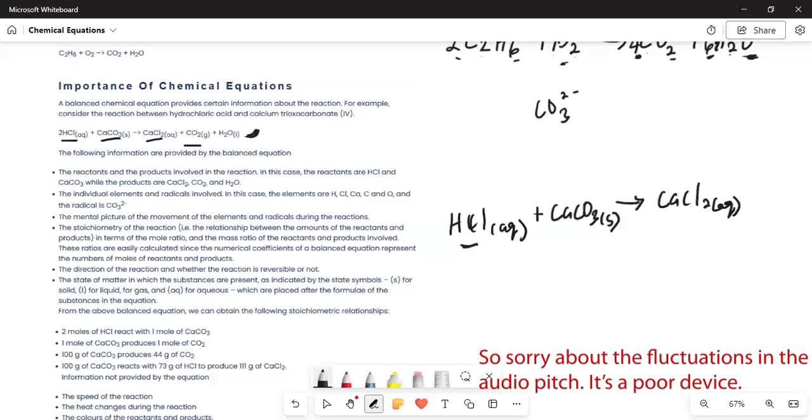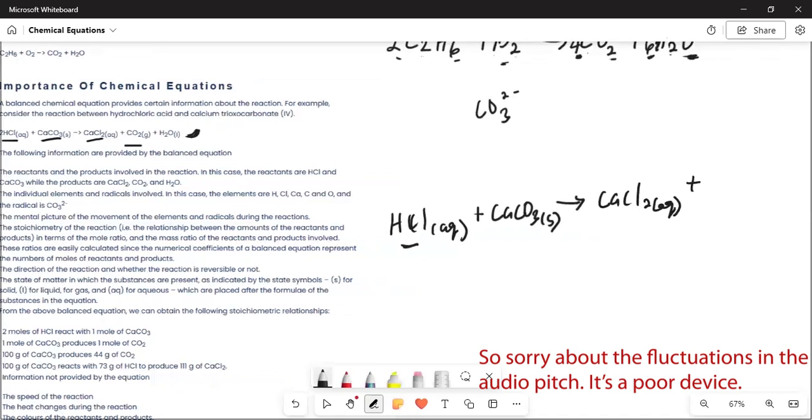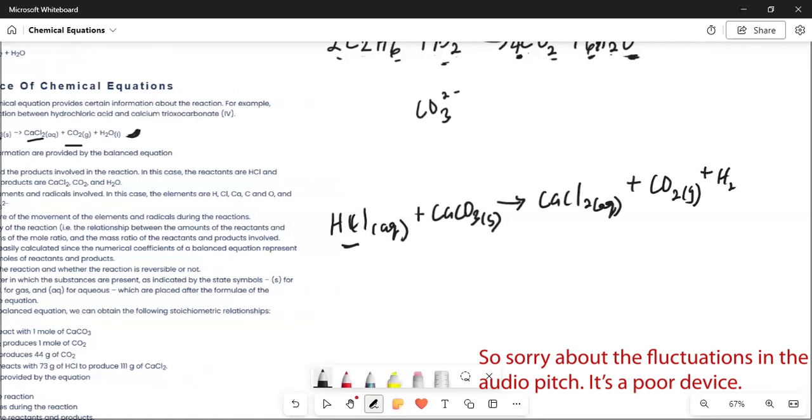So this calcium chloride is aqueous because it's inside the solution. Yes, it is a substance that is formed within that solution, plus carbon dioxide. Carbon dioxide is gas, so it's going to come out of the solution. The same thing with water. Water is liquid, it still remains in the solution.